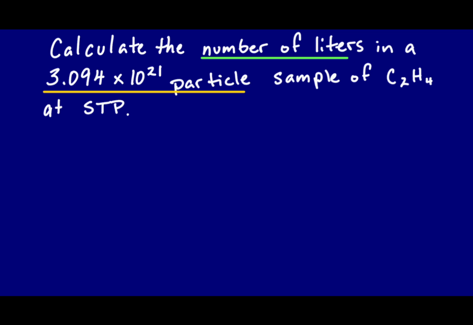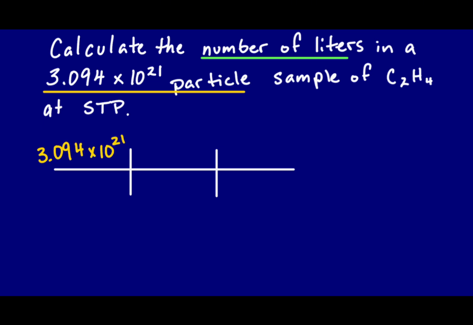Two-step conversions require 3 fractions. 1 fraction for the given value, 1 fraction for each converting factor. At this point, placing the given value should be the easiest part. At least I hope so. Fingers crossed. So we're starting with particles of our C2H4.